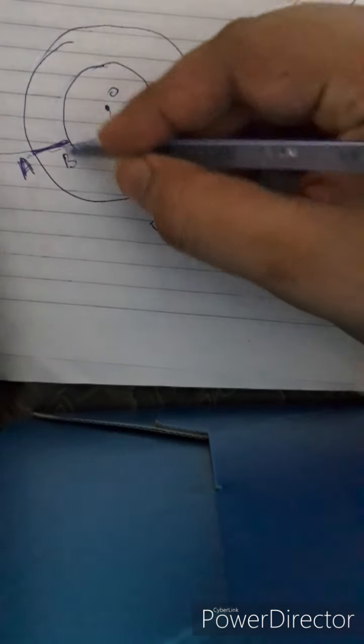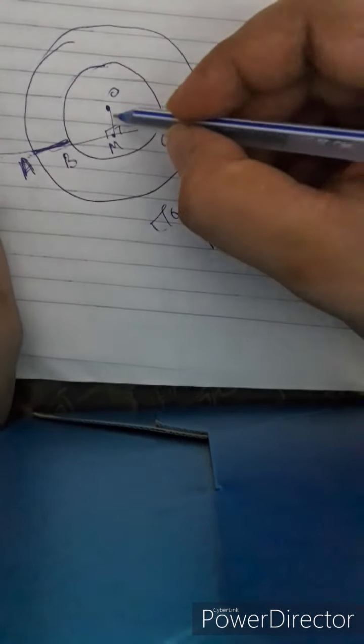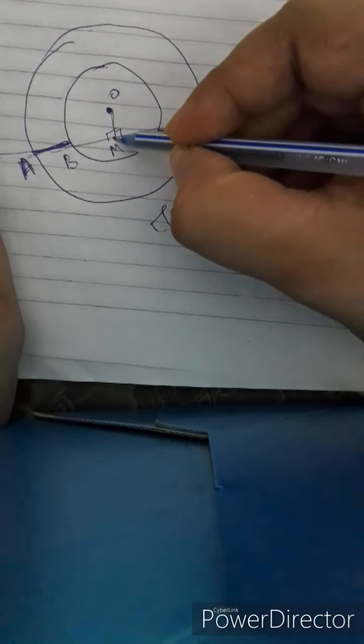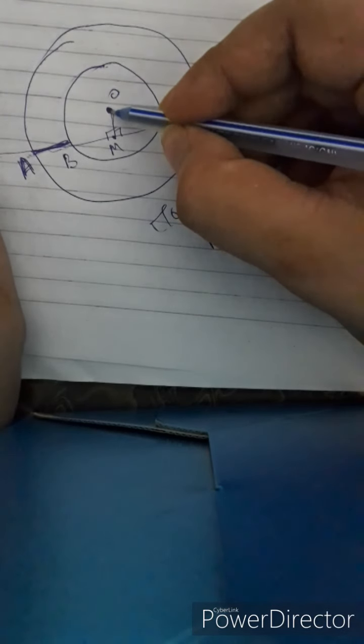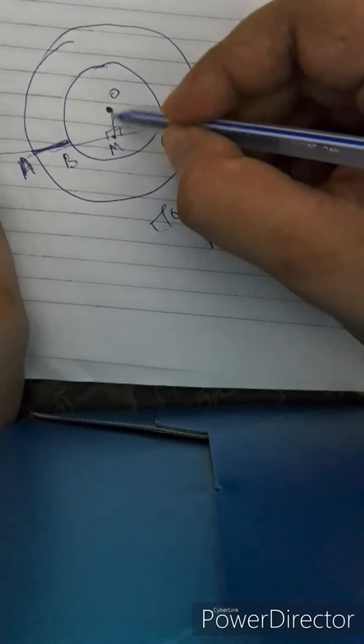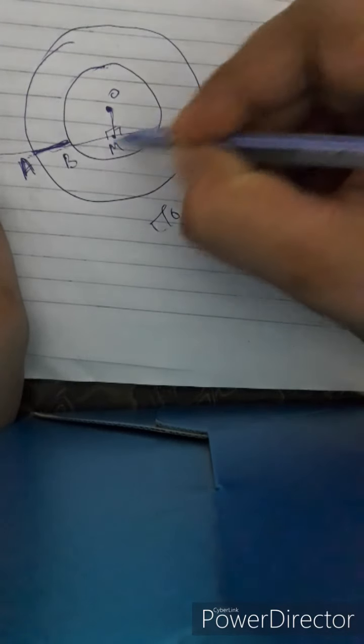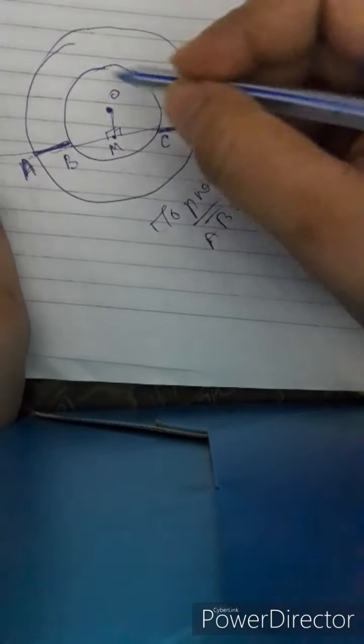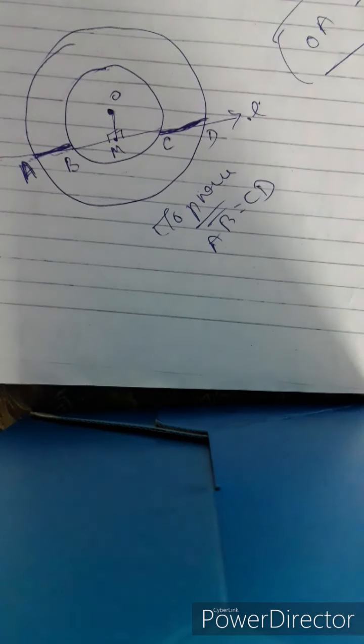Taking the inner concentric circle, O is the center, and OM is the perpendicular, the line joining the center to the chord BC. For the inner circle, the chord is BC.